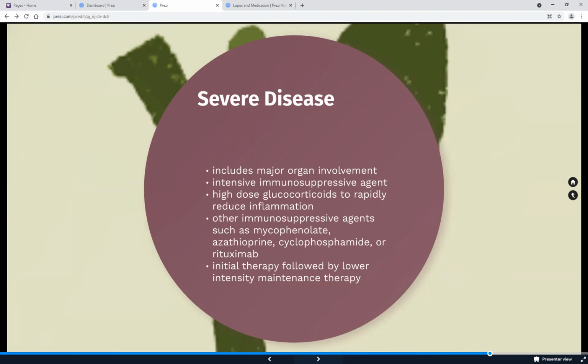So progressing from more of a prednisone taper to a high dose steroid regimen. We also may add additional immunosuppressant agents. So some examples of that, we already talked about azathioprine, but there's some other options like mycophenolate, cyclophosphamide, rituximab is another medication that's been used with some success in this setting.